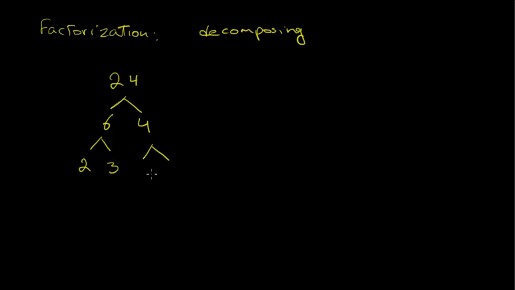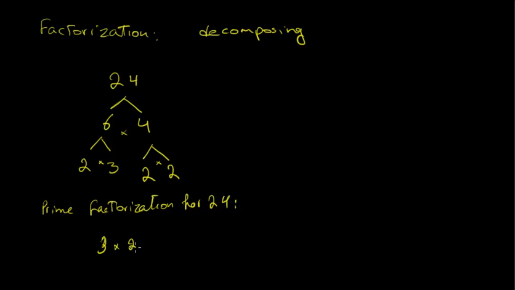Also 4 can be broken down to 2 and 2. So the prime factorization for 24 is 3 times 2 times 2 times 2. This diagram is called a factor tree.